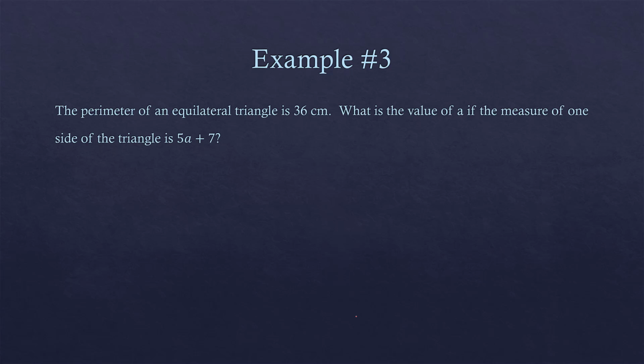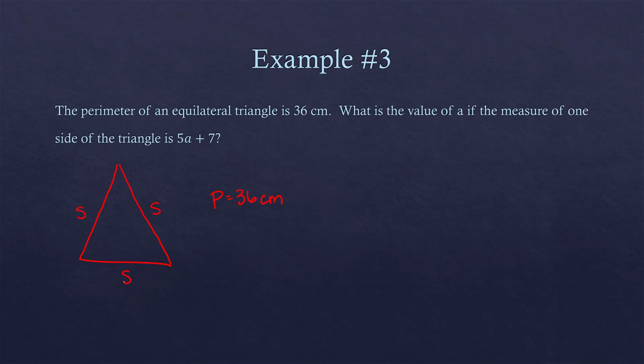All right, here's a different type of problem. Here it tells me the perimeter of an equilateral triangle is 36. So draw the triangle. My perimeter is 36 centimeters. Perimeter means add up all the different sides, so I'm going to add up this side, that side, and the other side to equal 36.